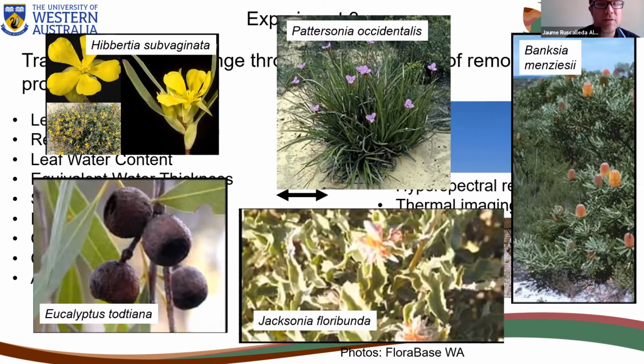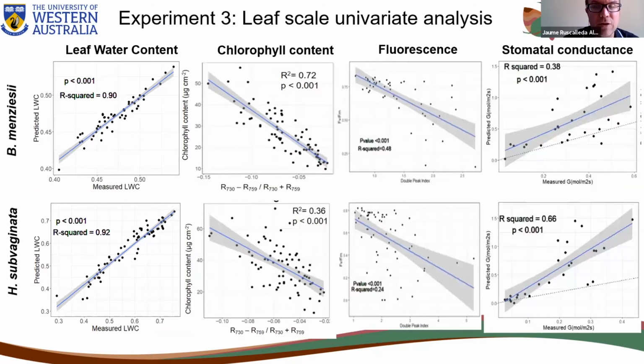The first thing we did is we looked at univariate relationships. So how does a physiological variable there on the y-axis of those plots relate with a spectrally derived variable on the x-axis. Here I'm showing information for 2 species, which are the 2 rows, and each one of the columns is a different physiological variable that we're trying to approximate using remote sensing.